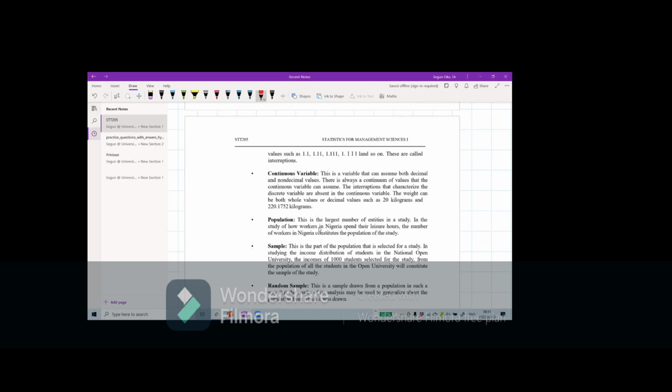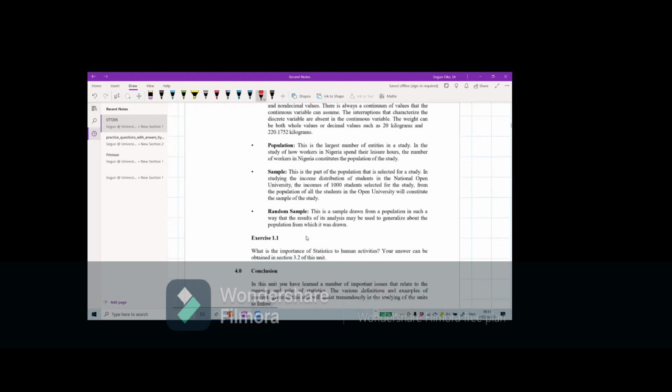The continuous variable, from the word continuous, simply means that if I want to weigh something, both decimal and non-decimal values are the continuous ones.